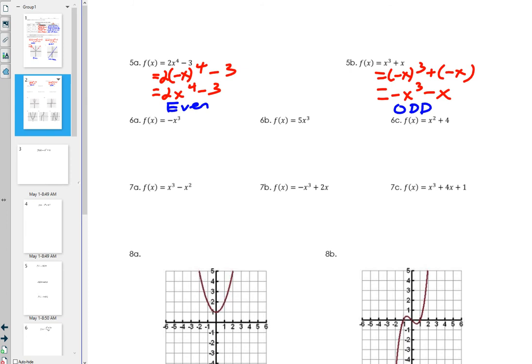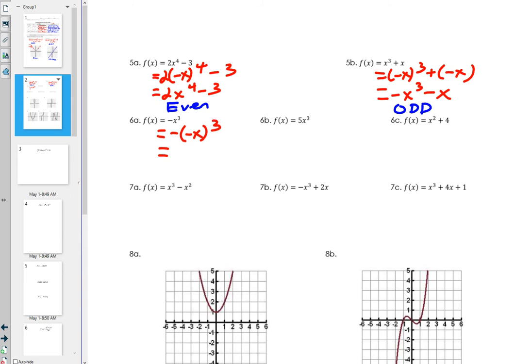Does somebody not named Jada or Ann have 6A for me? Should be one of the easier ones. You say even, let's see. If I have a negative x to the third, is that really going to come out?